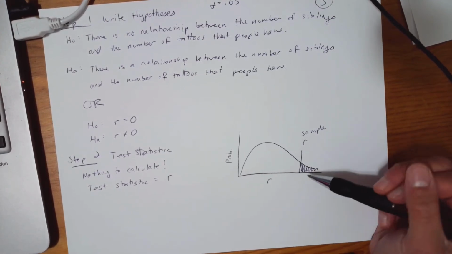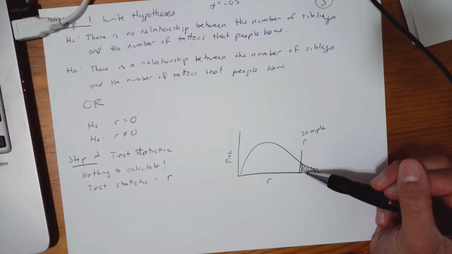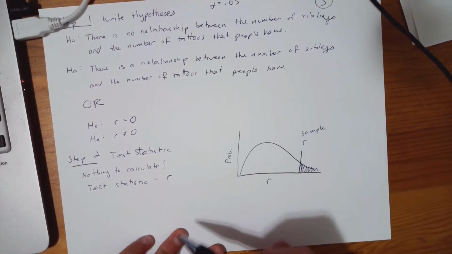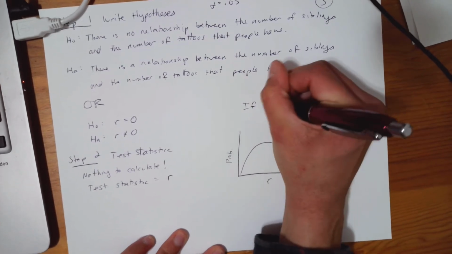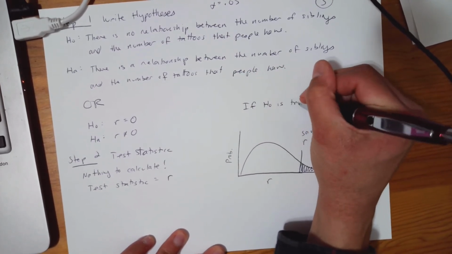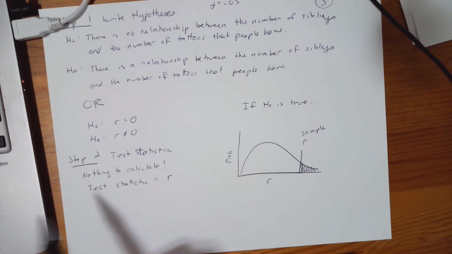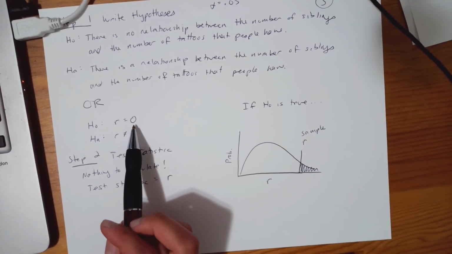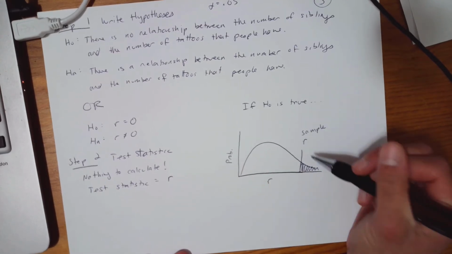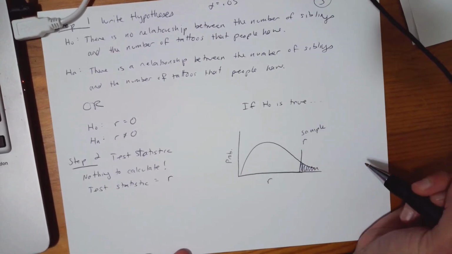So at some point, our sample R value is big enough that we'll conclude that it probably came from a population where R isn't equal to 0. So again, this is if your null hypothesis is true. If the correlation between two variables really is 0, how likely is it you would have gotten the sample correlation that you did?